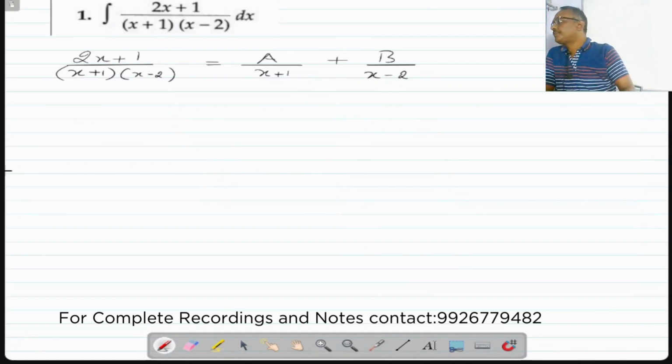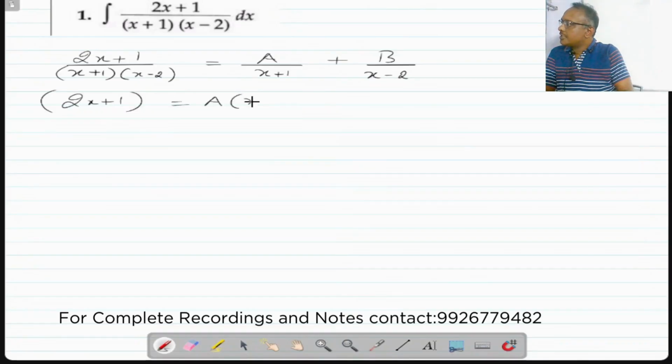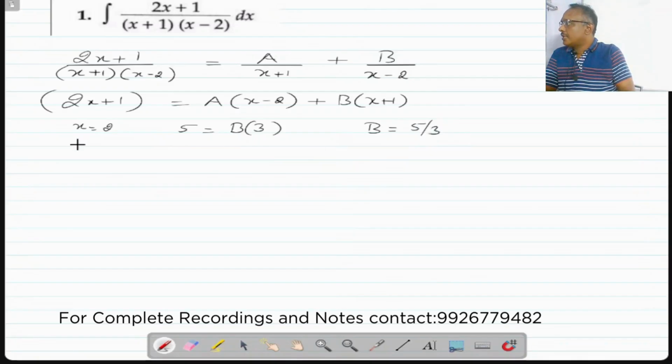Very simple. This is 2x plus 1 is equal to a times x minus 2 plus b times x plus 1. x का वैल्यू 2, तो this is 2 2s are 4 and 1 is 5, equal to b के साथ 3, तो b is 5 by 3. x का वैल्यू -1, तो -1 and a के साथ -3, तो a का वैल्यू is 1 by 3.